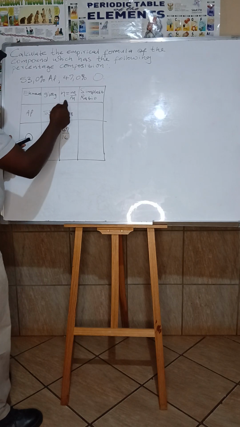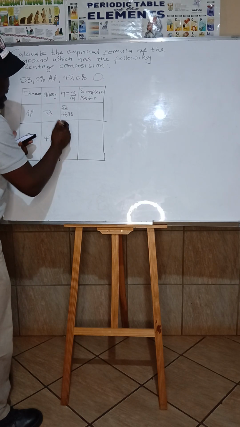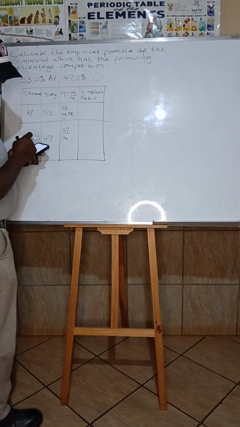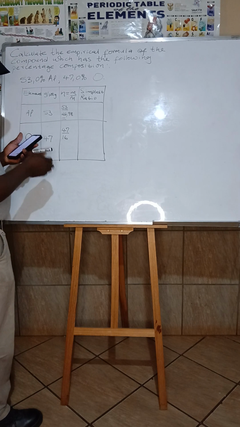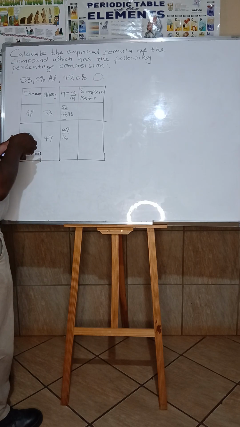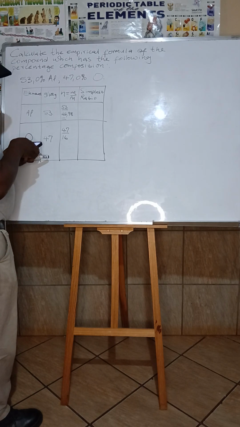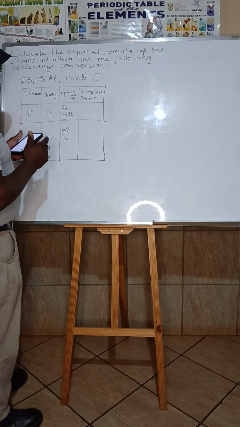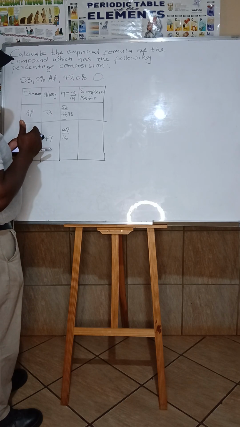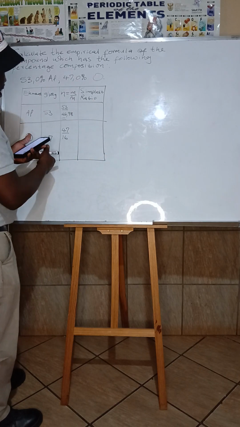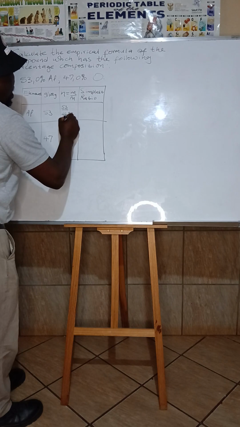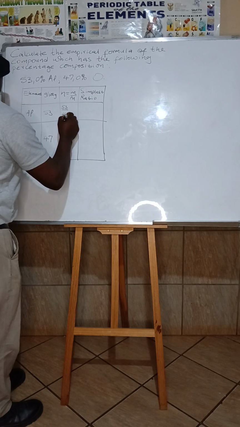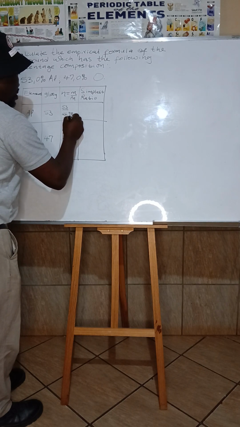Okay, 53 divided by 26,98. We get 1,964418, so on and so forth, and we round it off to 3 decimal places: 1,964.